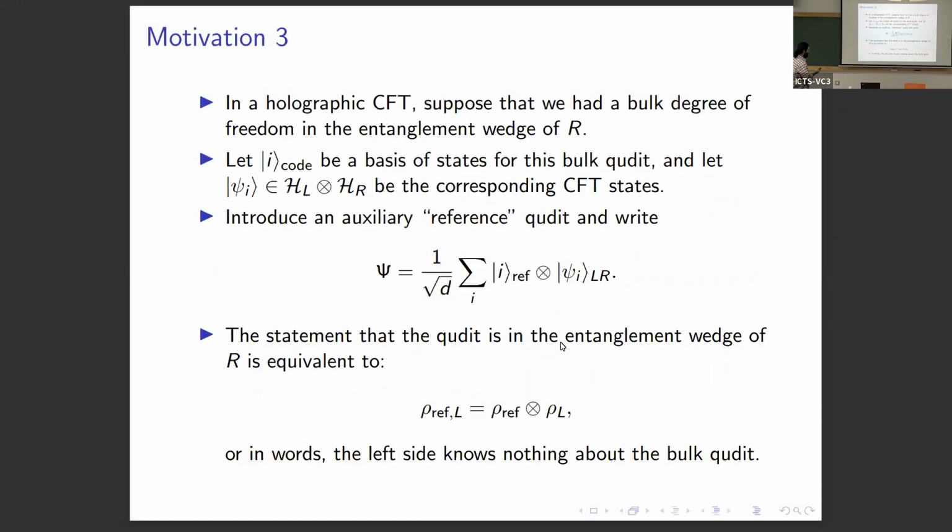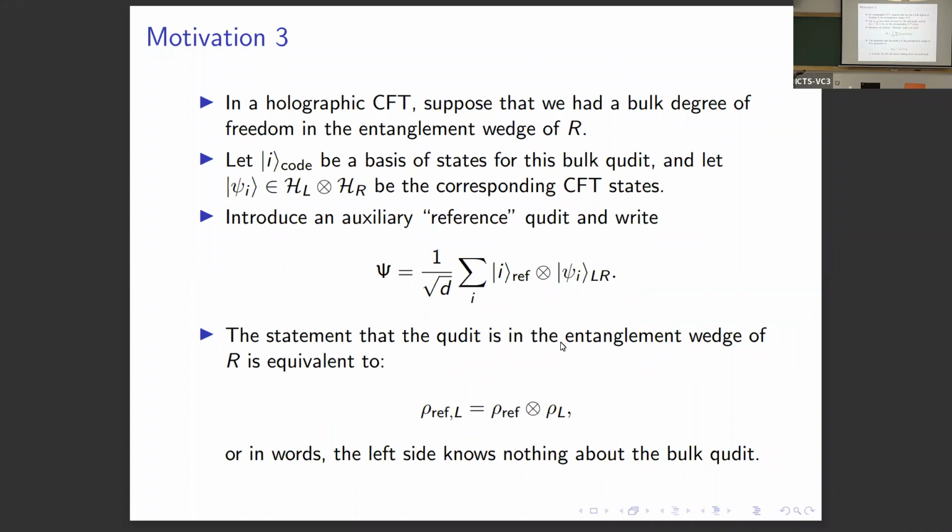My main motivation for studying these quantities comes from entanglement wedge reconstruction and thinking about it from a quantum error correction point of view. For this I'll have to give you a little bit of technical detail. Let's say that you have some holographic CFT, again a bipartite state on L and R, and you have some bulk degree of freedom in the entanglement wedge of R. For simplicity, I'm going to think of this bulk degree of freedom as being labeled by some set of states, which I'm going to label I. This is my code subspace for this bulk qubit.